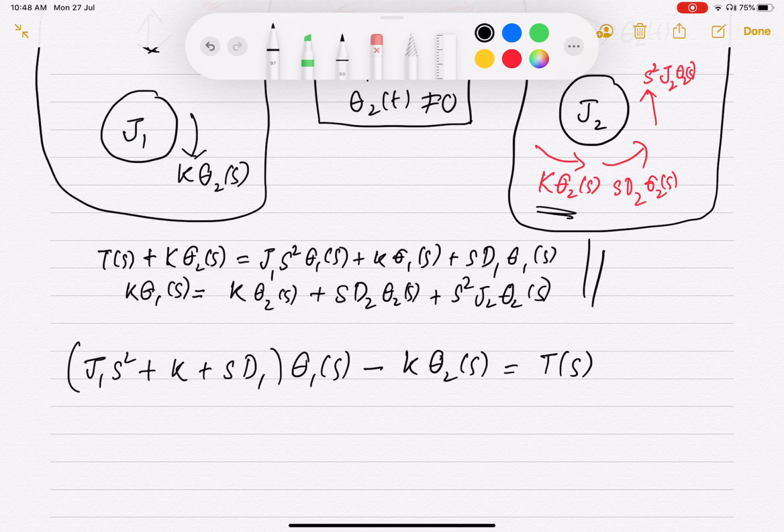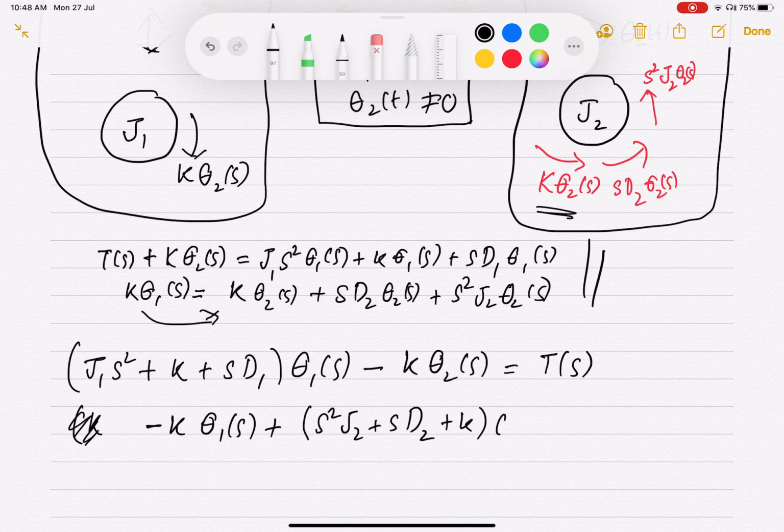This is the first equation, and the second equation, let us write it like this: minus K theta 1(s), taking this to the right hand side, plus s squared J2 plus s D2 plus K, times theta 2(s), is equal to 0.